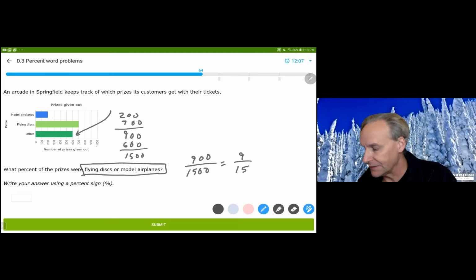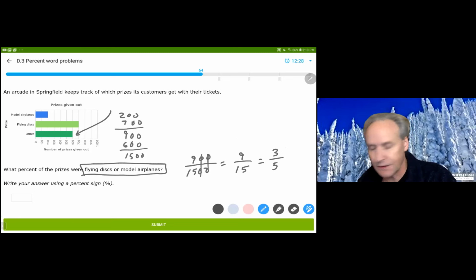And notice I just divided by 100. 9 over 15 is the same as 3 over 5, isn't it? We just divide by 3. Now, I didn't see immediately how to divide that. I could have divided 15 into 900 and 15 into 1,500.